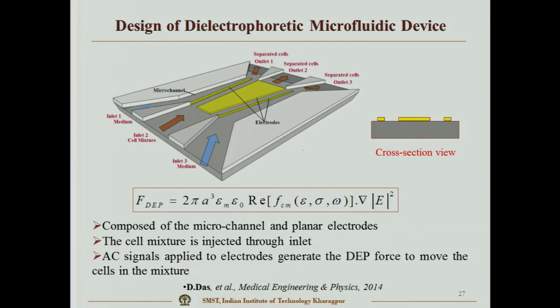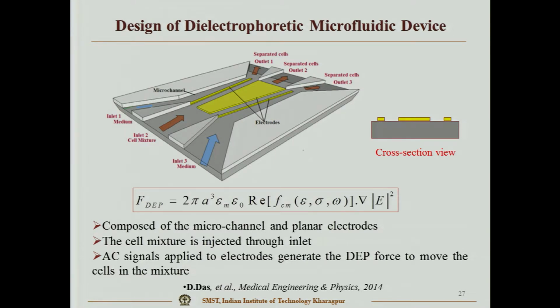These are the 2 outlets at the 2 extreme corners, and this is the middle outlet. Okay. And if you see the cross-sectional view along this direction, it will look like this. This is the glass substrate, and here you have 1 electrode, and these 2 are the finer electrodes, and this is the middle electrode.